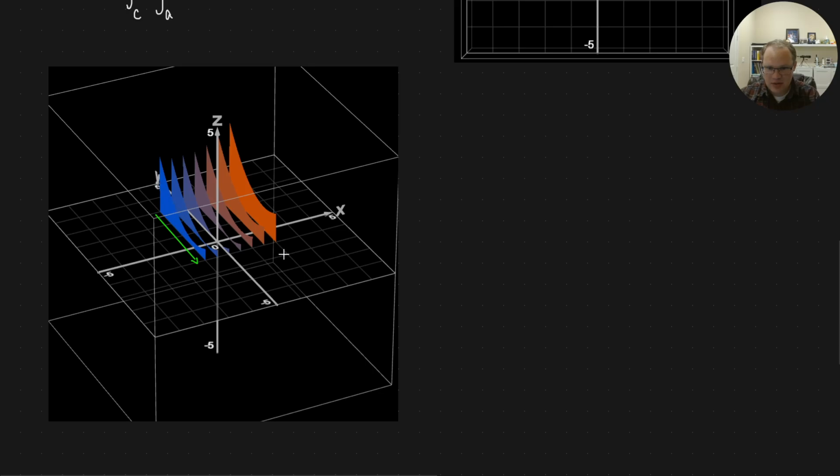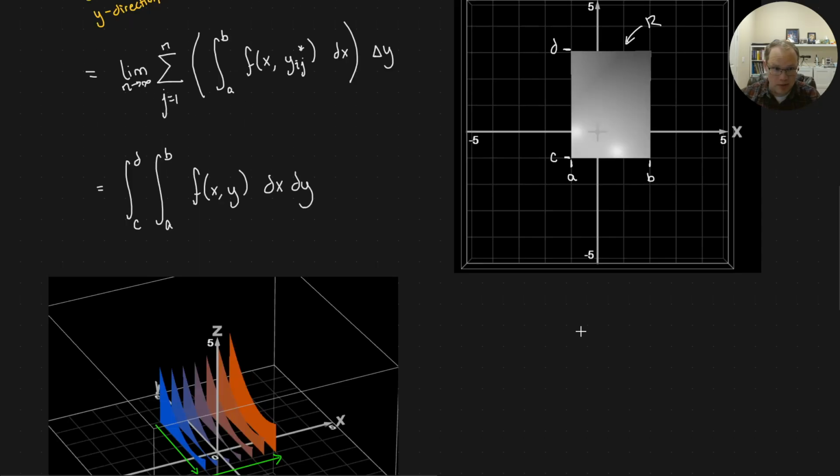Each slice here, the x value is fixed, and we integrate with respect to y. For each one of these little slices, we find the area. Area for this slice, area for this slice, area for this slice. That inner integral, that's what it does. So we first integrate here, and then once we've turned all these slices into their own single value, then we integrate the value that we get with respect to the other variable.